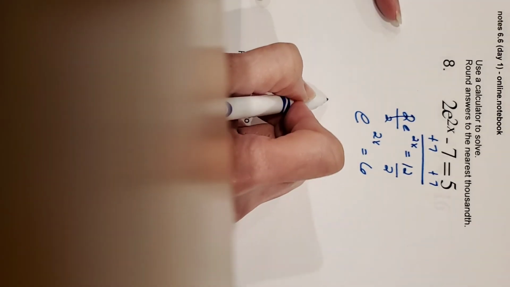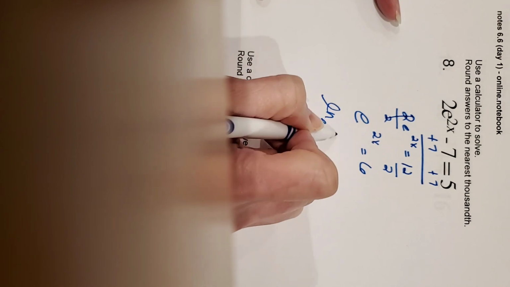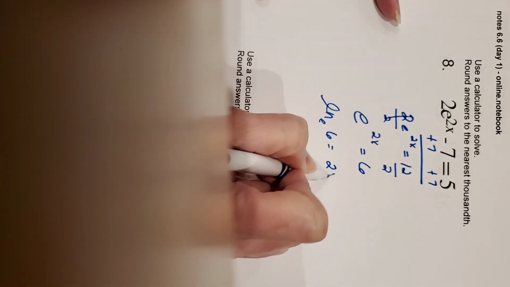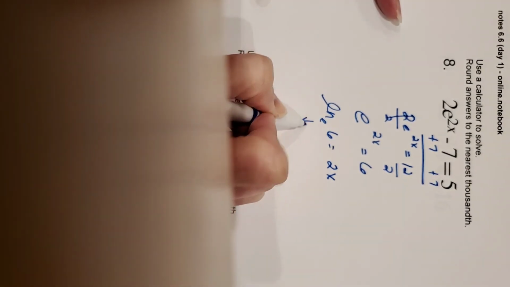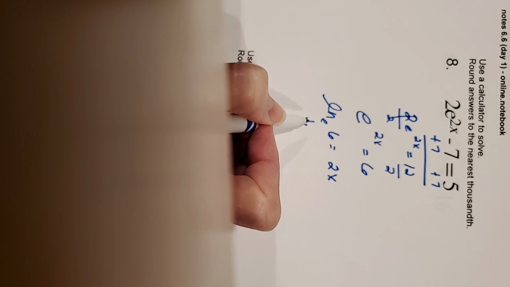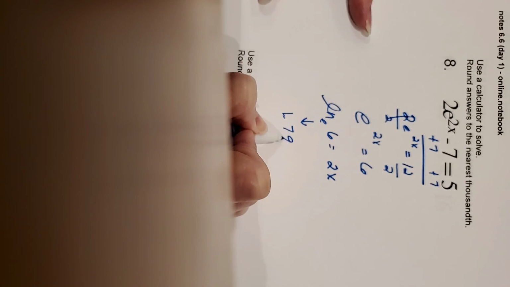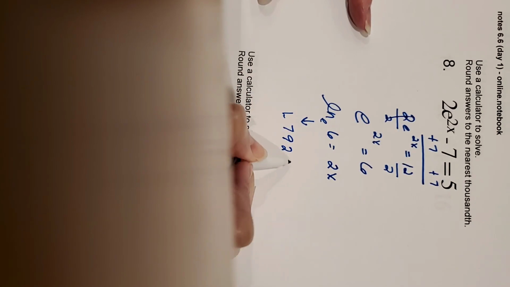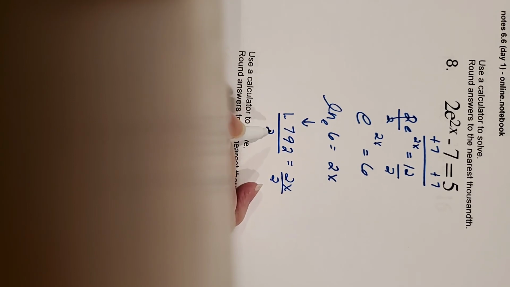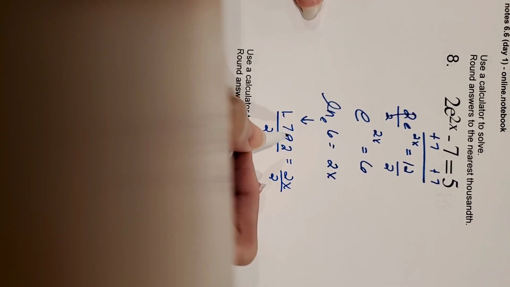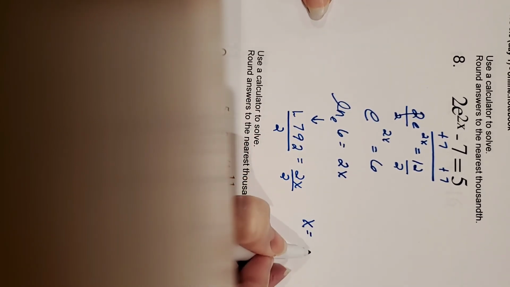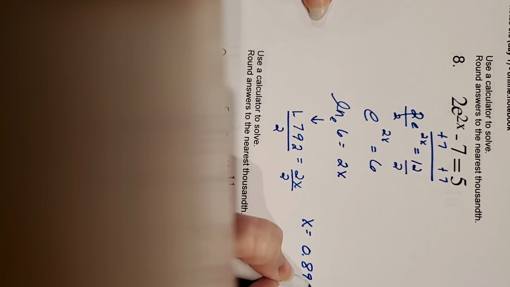So I have natural log of 6 equals 2x. We can just type it in the calculator. ln 6 is what we type in, and we get 1.792 equals 2x. Divide by 2, and we end up with x equals 0.896.